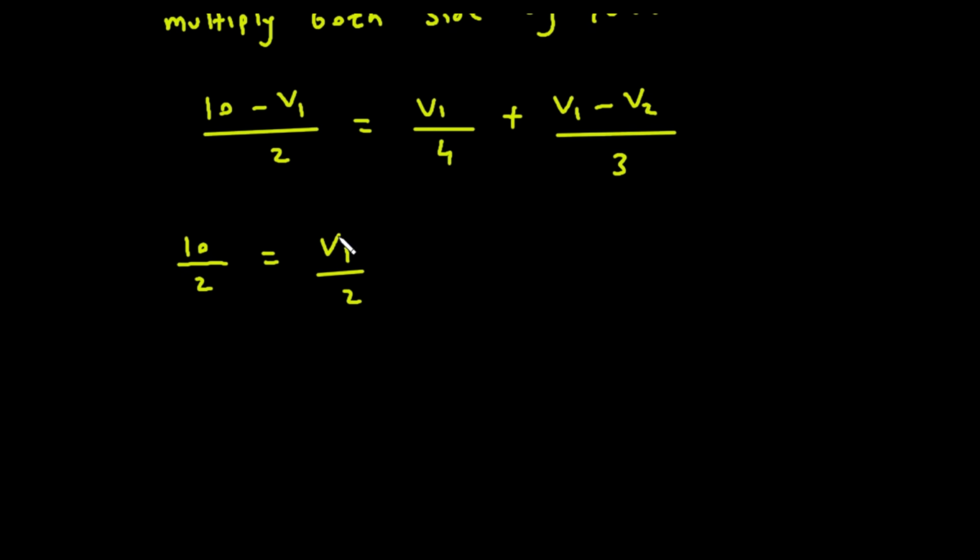Then this will be as it is. This is plus V1 divided by 4, then plus V1 divided by 3 minus V2 divided by 3.